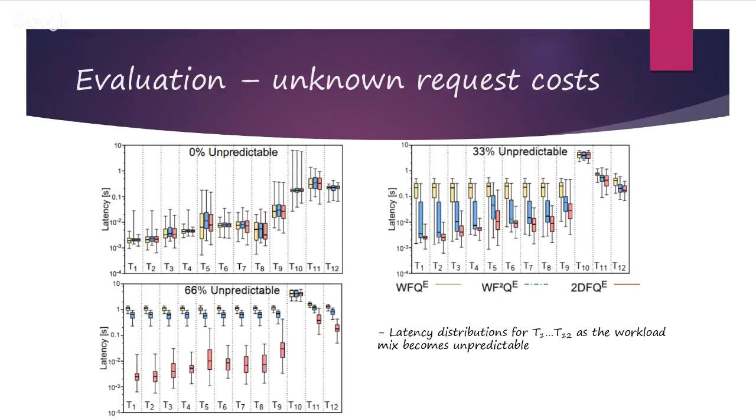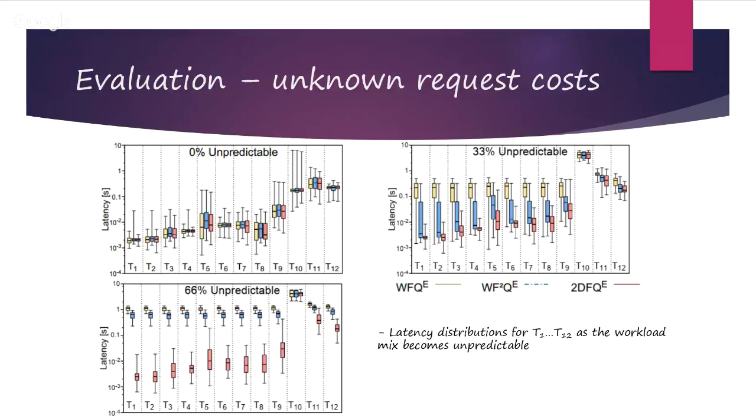This third picture shows the box plot of the latency distribution for T1 to T12, with whiskers highlighting the first and 99th percentile latency. Each cluster of three bars shows the latency distribution under weighted fair queuing, weighted worst-case fair queuing, and two-dimensional fair queuing respectively, for one tenant in one experiment.